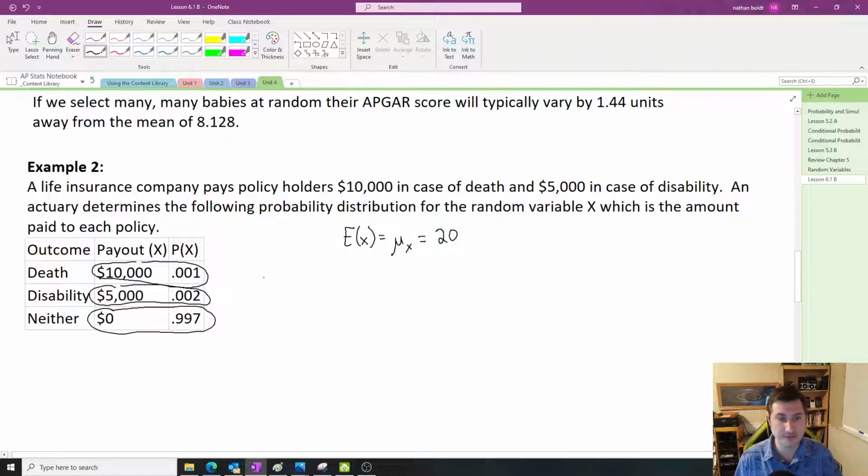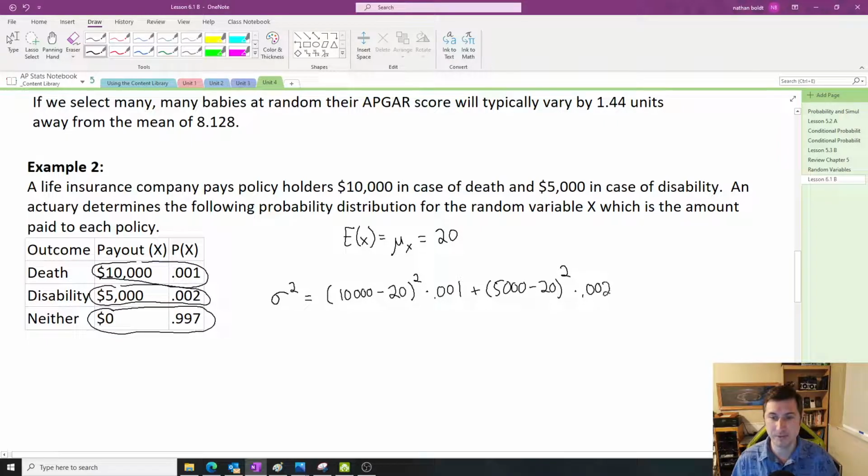So if I want the standard deviation here, first I'm going to find the variance, all right? I want us to get used to using the word variance, talking about variance, because it does become quite important later on. So we take the first value, 10,000, subtract off the mean, square it, multiply by its probability, plus 5,000 minus the mean, square it, multiply by the probability.